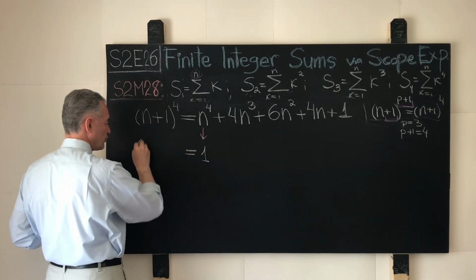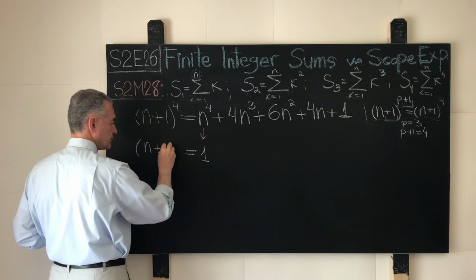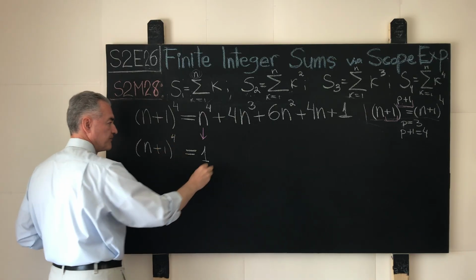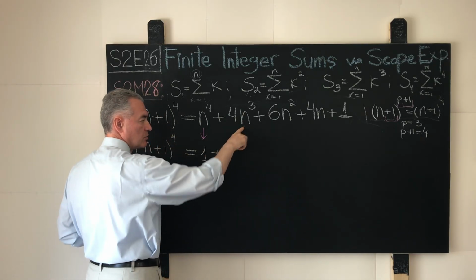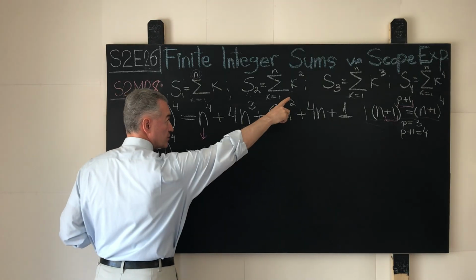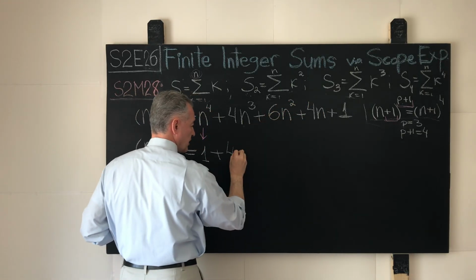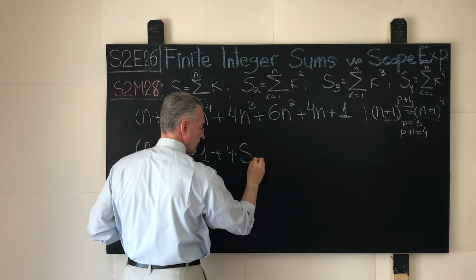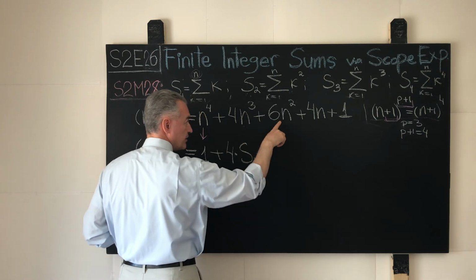Here we know that this term will survive as it was, n plus 1 to the 4th power. Here we will have what? We will have 4 copies of our sum S3. So right away we write 4 times S3 plus then what?